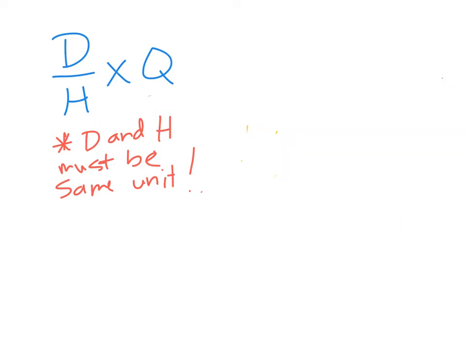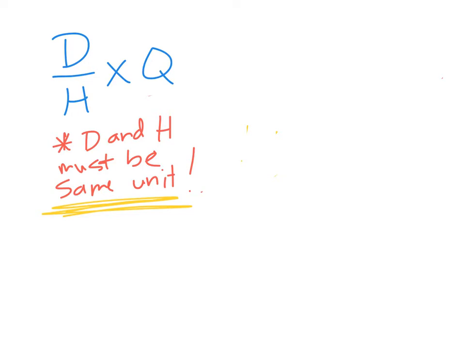One other thing I also want to point out on page 257, go to number 1, just above it. Here's what I was talking about earlier with how D and H need to be the same unit. Remember we talked about that just a few seconds ago, but on this one, that's what's going to happen.